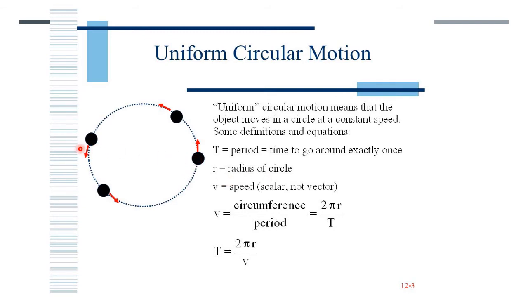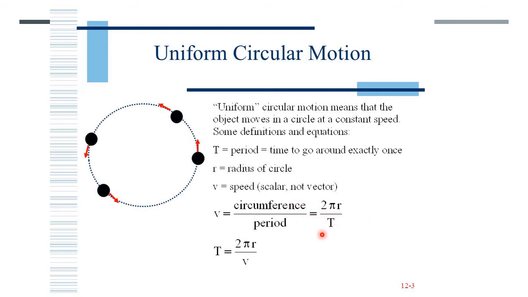When the circle is divided into two halves, that is the diameter, and half of the diameter is the radius. And v is the speed. Here we consider the speed as a scalar quantity, not a vector quantity. So v equals circumference upon period, that is 2 pi r divided by t.